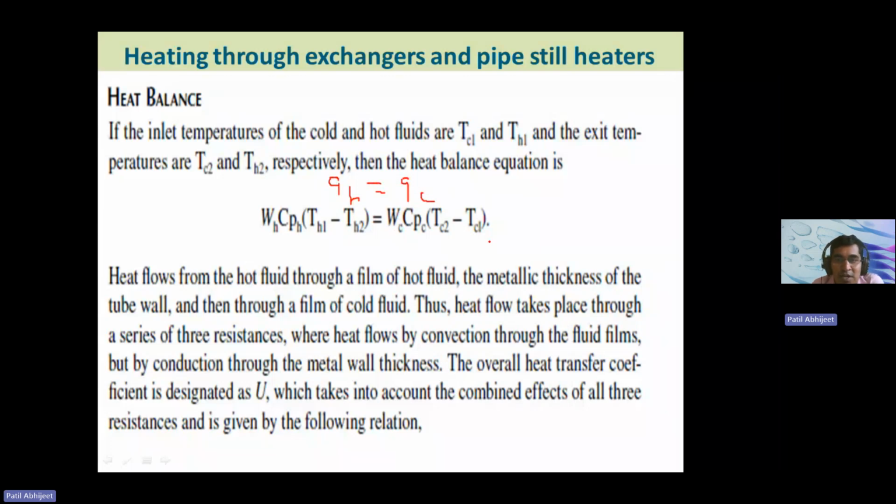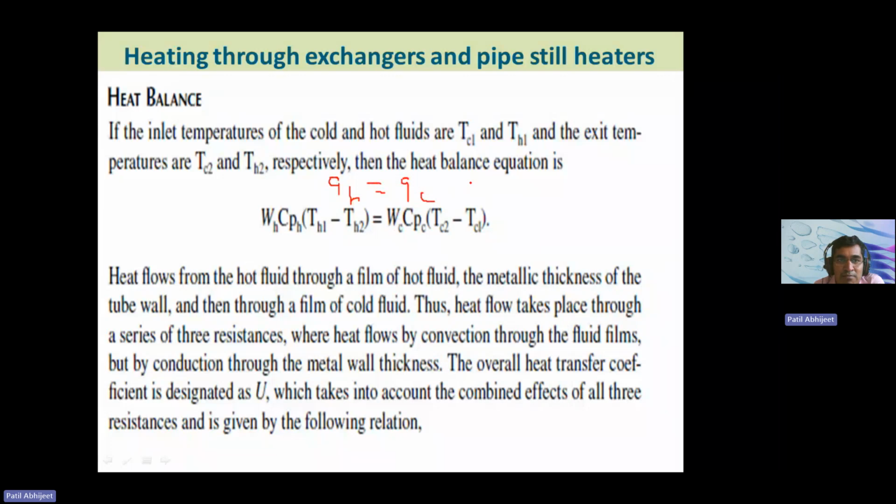Therefore, the heat flow takes place through a series of resistances, where heat flows by conduction and convection, especially convection through the fluid films, and by conduction through the metal wall thickness. The overall heat transfer coefficient is calculated as U by taking into account all three resistances. All three effects will be covered within this particular session.